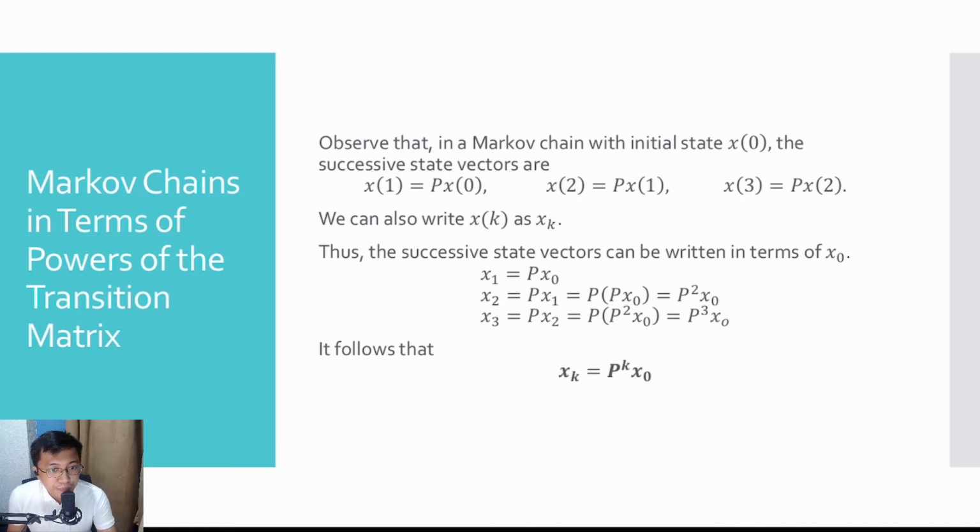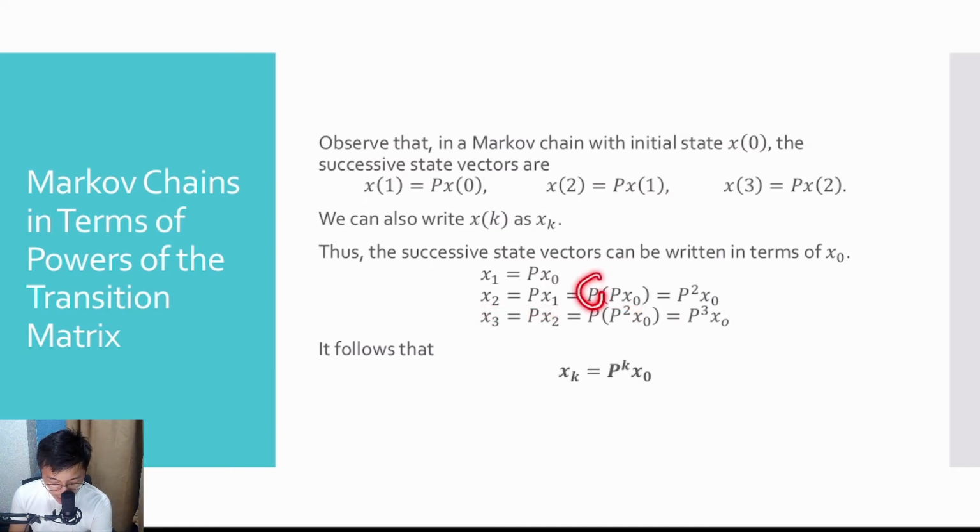So para mas madali. Now, these successive state vectors can be written again in terms of the initial state vector only. Okay? So bakit? Bakit siya nangyayari? In the x sub 1, we know is equal to p times x sub 0. Okay? And x sub 2, we know that it's p times x sub 1, but from the previous equation, we know that x sub 1 is just p x sub 0.